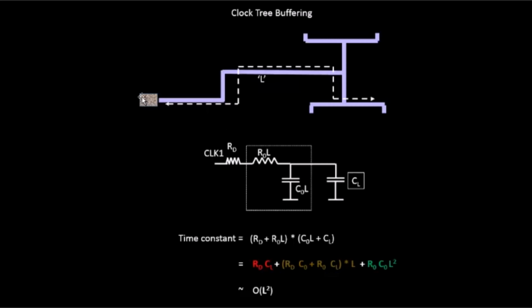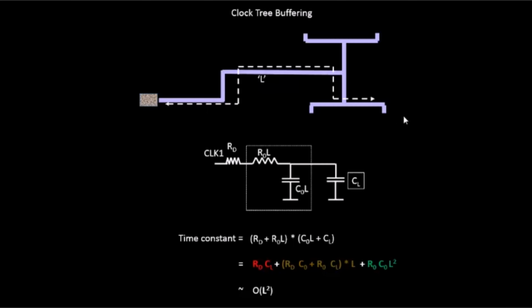By time constant I mean the time required for the clock signal sent from the clock port to make an effect at the flip-flop clock endpoint.